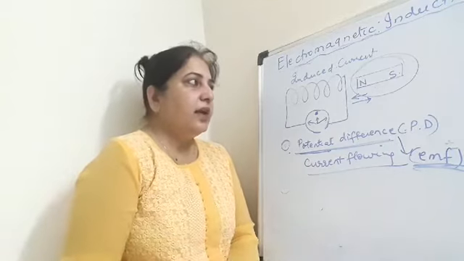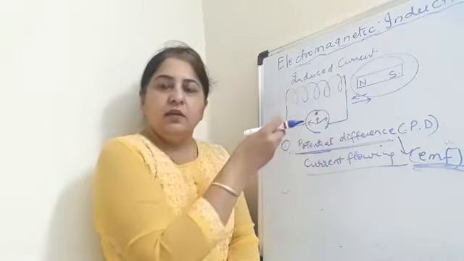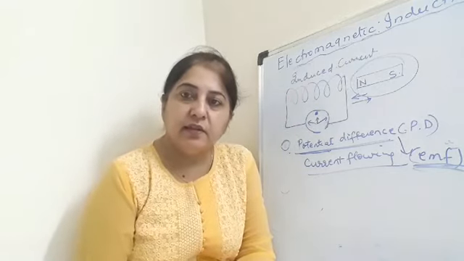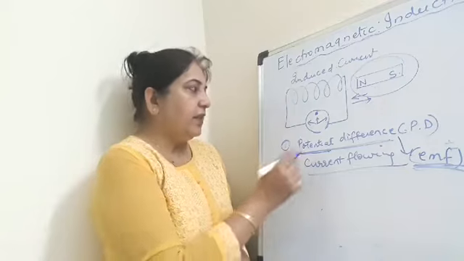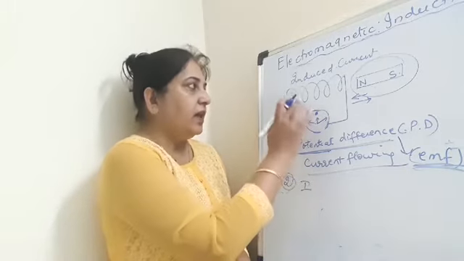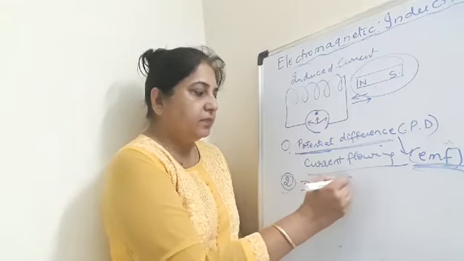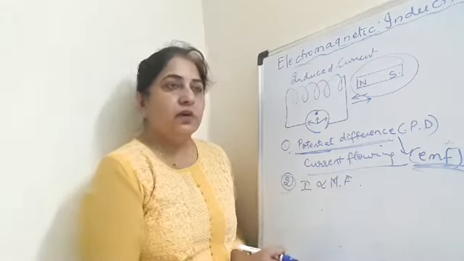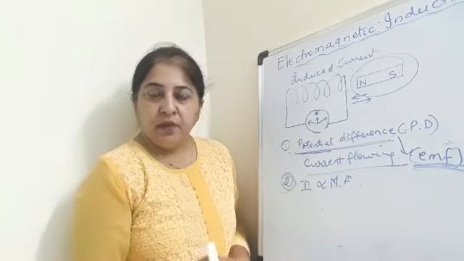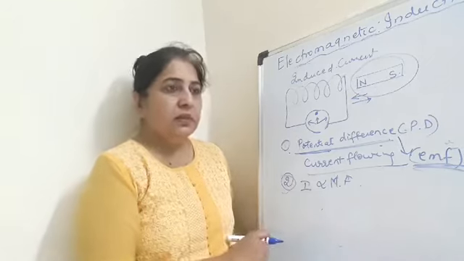Now you also know that if we bring the magnet inside the coil, the intensity of the magnetic field increases, right? There is another factor: the current which is flowing in the coil depends on the magnetic field. The magnetic field intensity is given by the word magnetic flux. This is not given in your book, but you can remember this point.